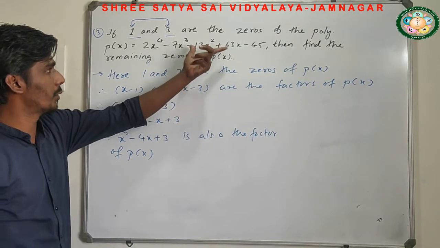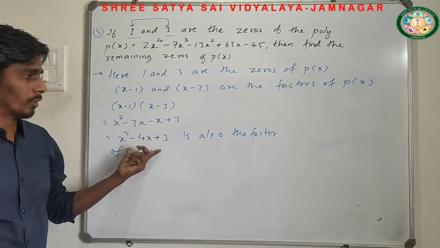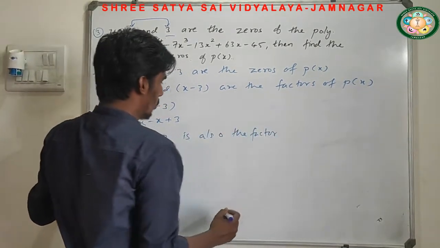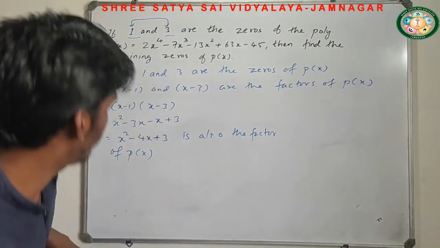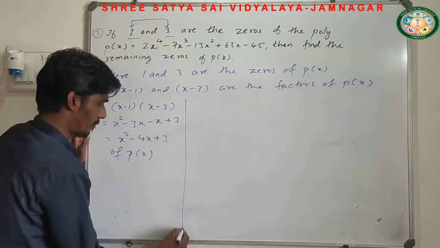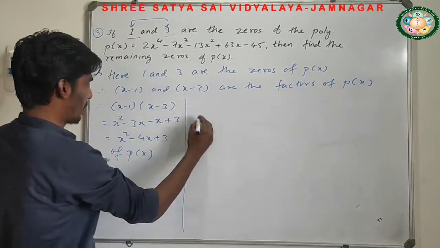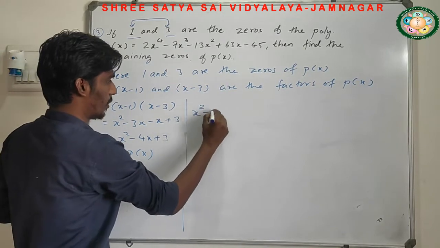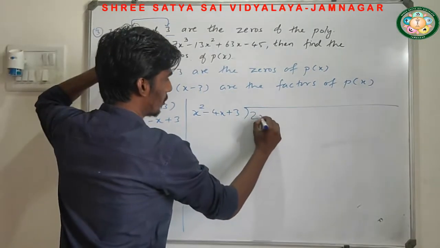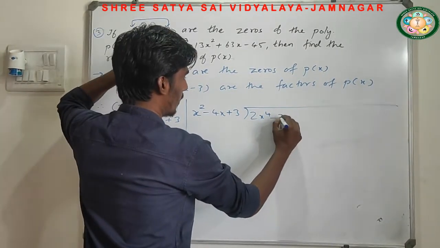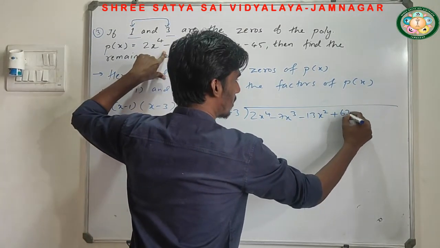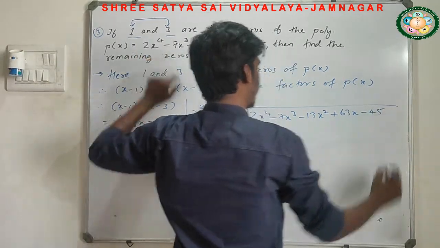Now I am going to divide this p of x by this polynomial to get one more zero, to get two zeros. To divide this, x square minus 4x plus 3 divided by this polynomial, 2x raised to 4 minus 7x cube minus 13x square plus 63x minus 45.